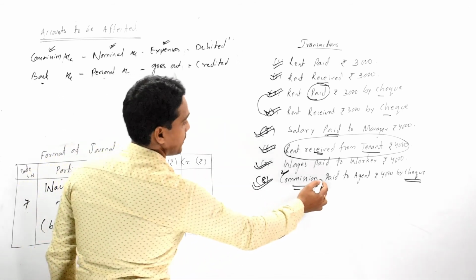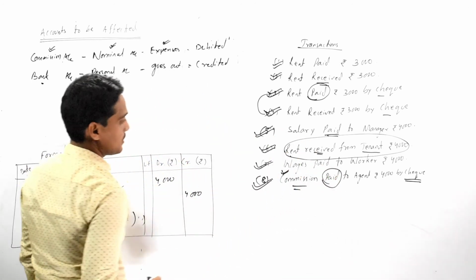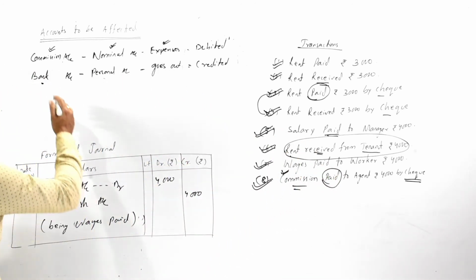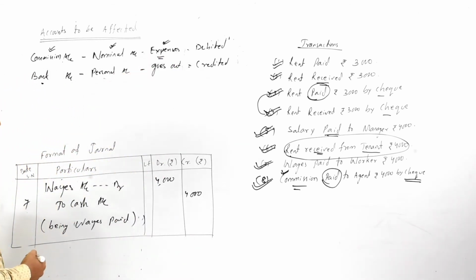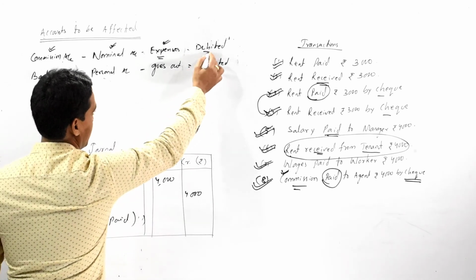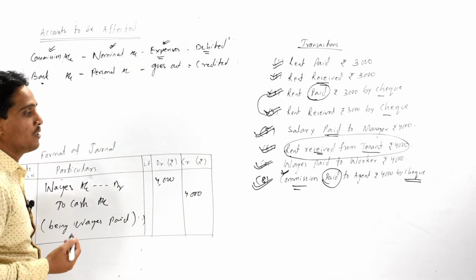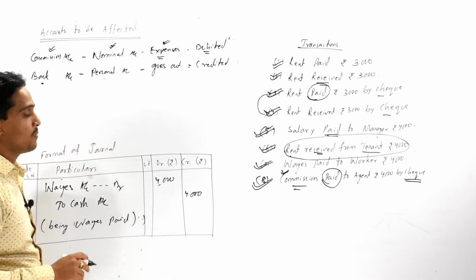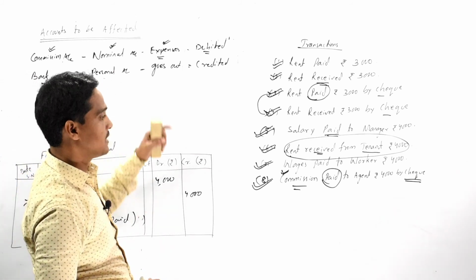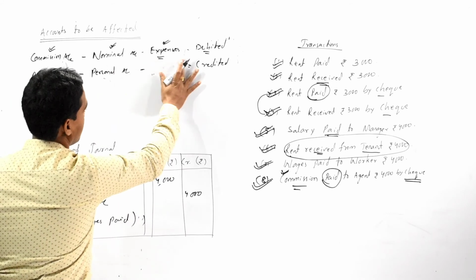As we are paying the commission, commission is considered as an expense which should be debited according to the nominal account rules, and here bank account is a personal account and its nature is a giver.